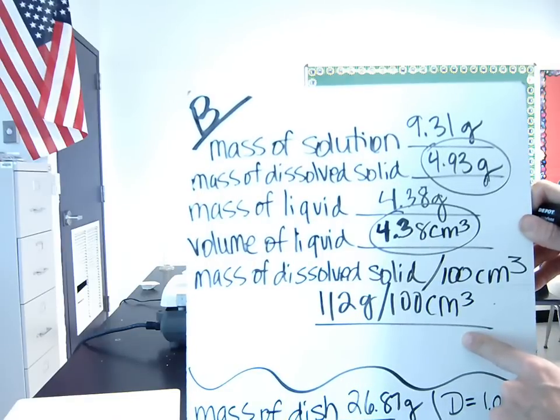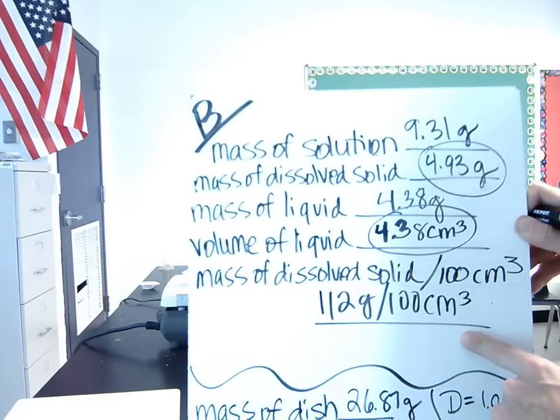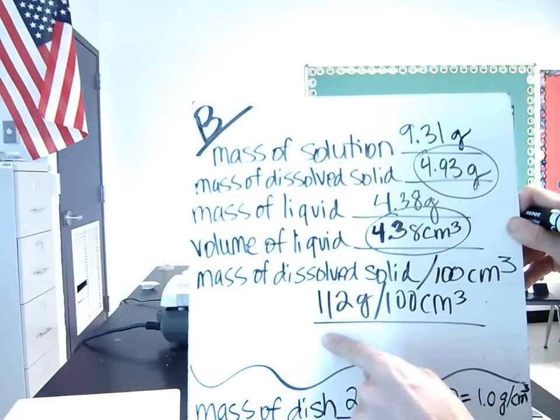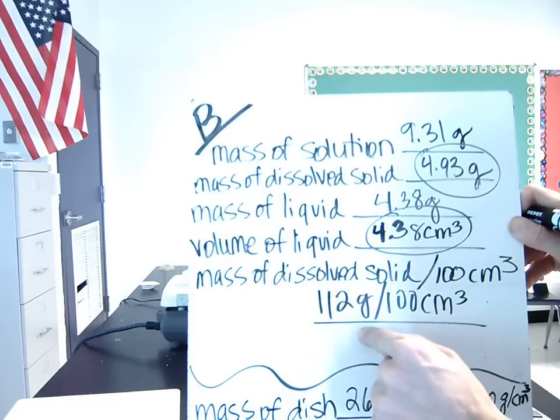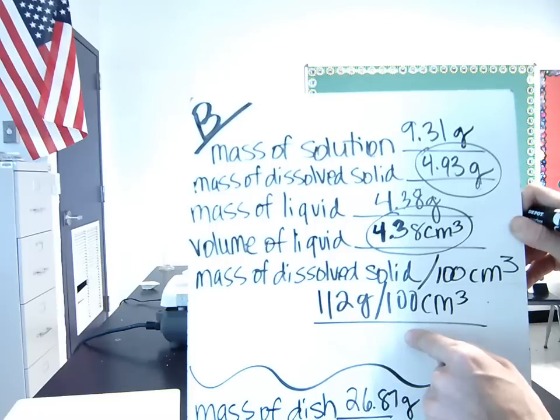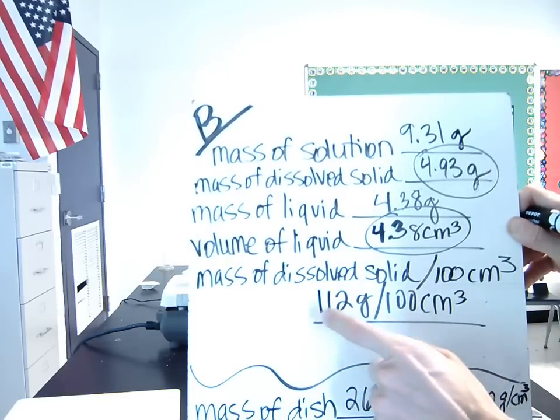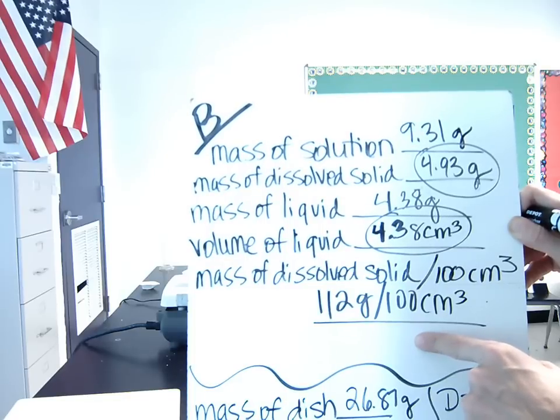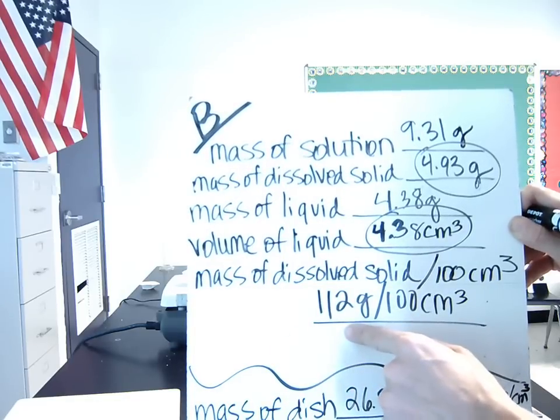So let me say this in plain English. What this means is for substance B, no more than 112 grams can dissolve in 100 cubic centimeters. The maximum amount of substance B that can dissolve into 100 cubic centimeters of water is 112 grams.